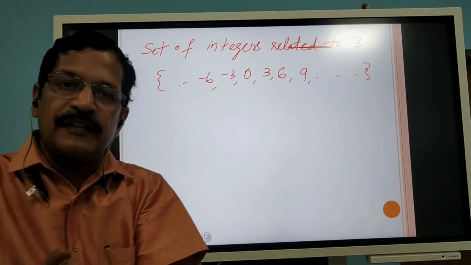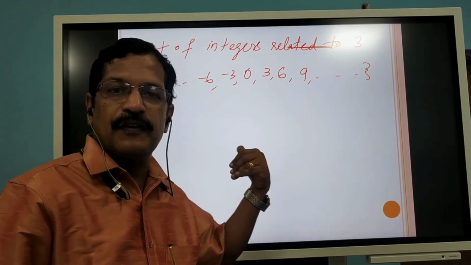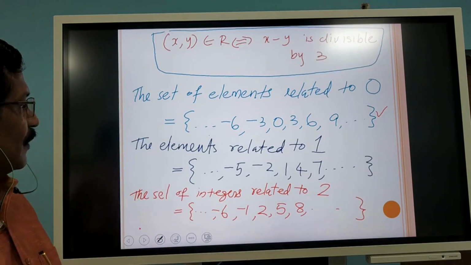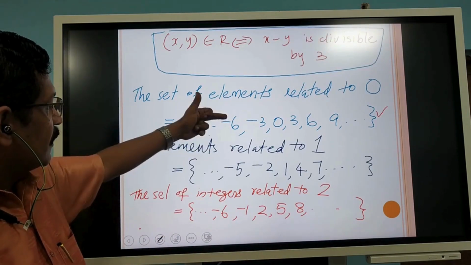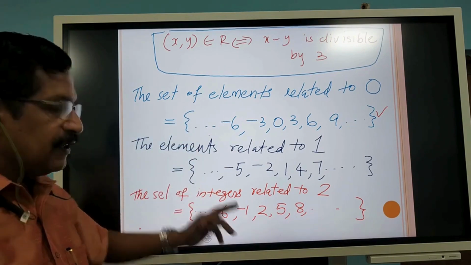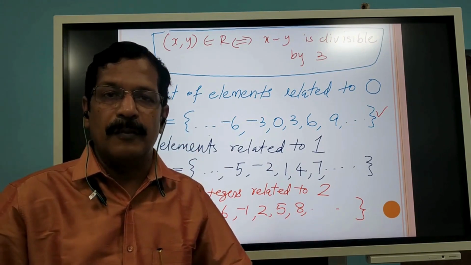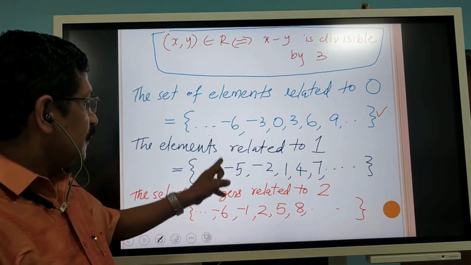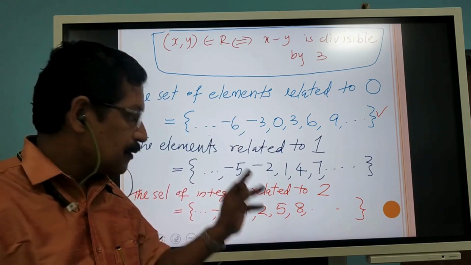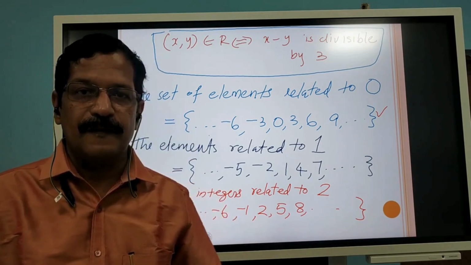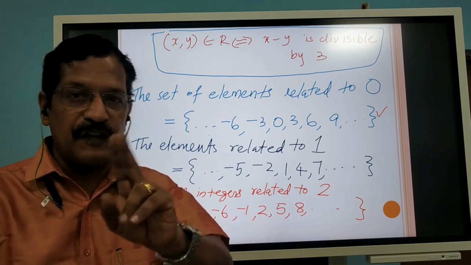So if you continue like that, you will get the same sets only. Now what we got? Is there any common element in this set and that set? No, there is no element in common. So these three sets we got right now are mutually disjoint sets. They are pairwise disjoint.